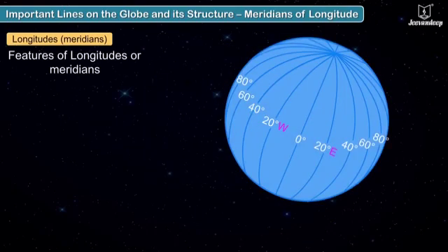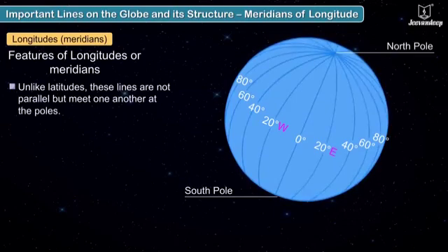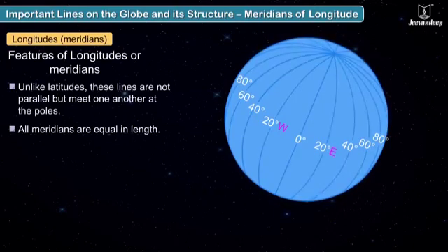Some important features of longitudes or meridians. Unlike latitudes, these lines are not parallel but meet one another at the poles. All meridians are equal in lengths.